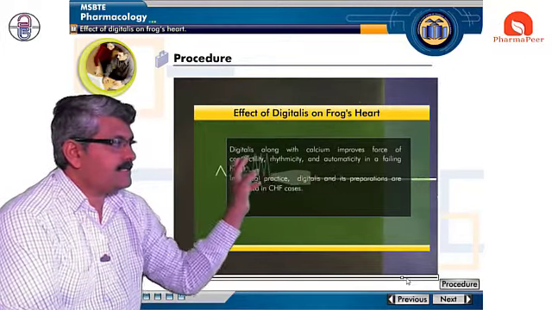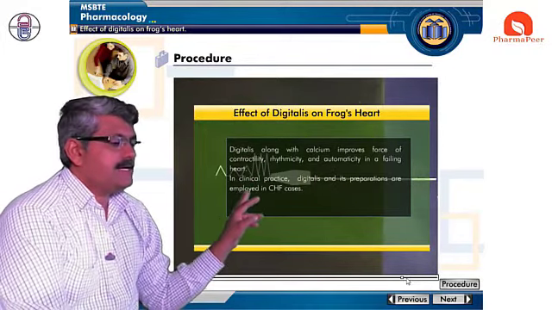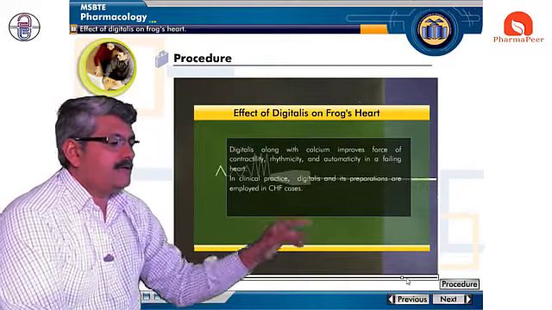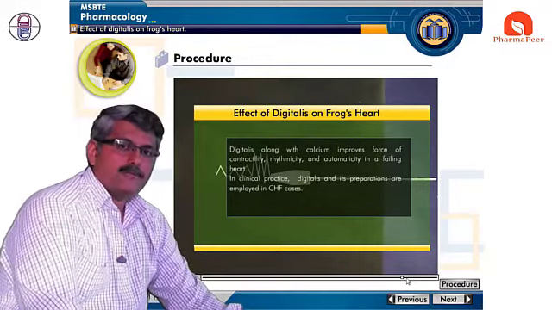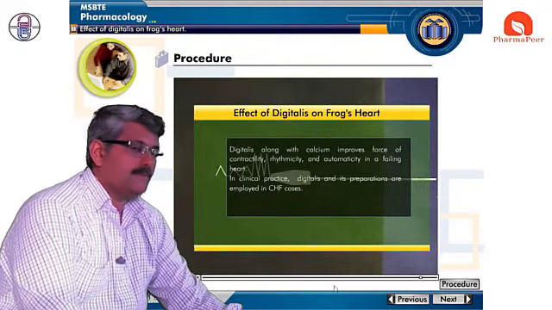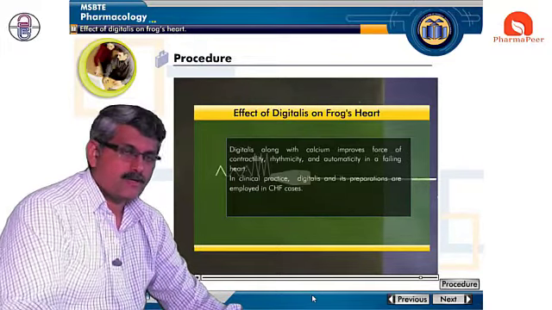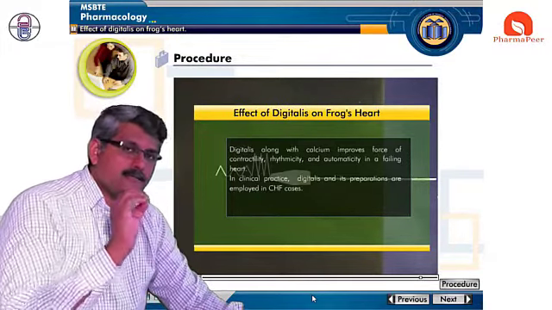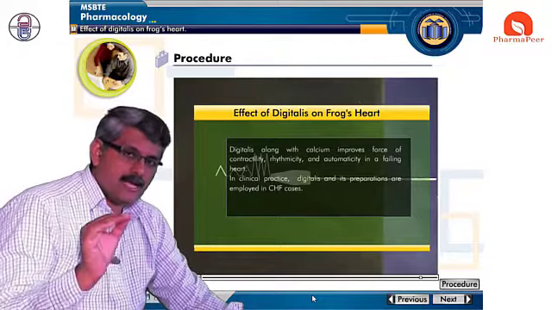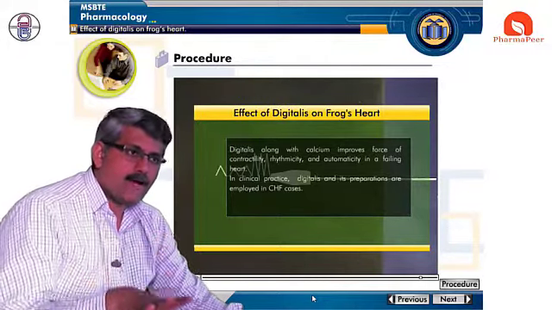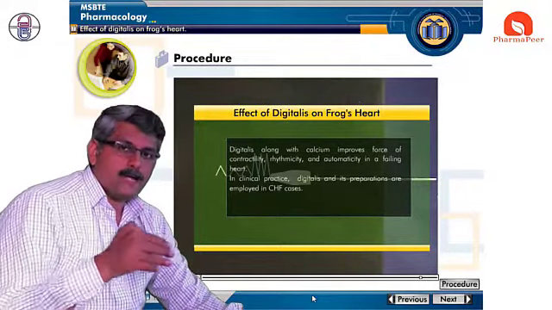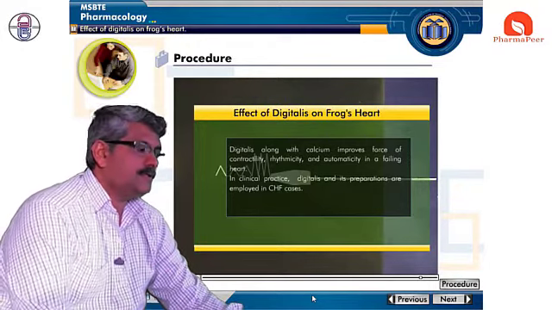Because of this, we can say it has clinical application in congestive heart failure. We have proved that digoxin acts as a cardiac tonic, because it converts the hypodynamic state of the heart to normal.